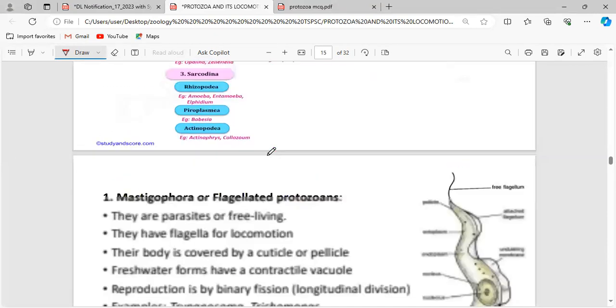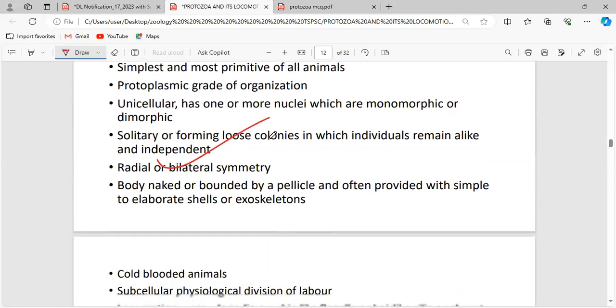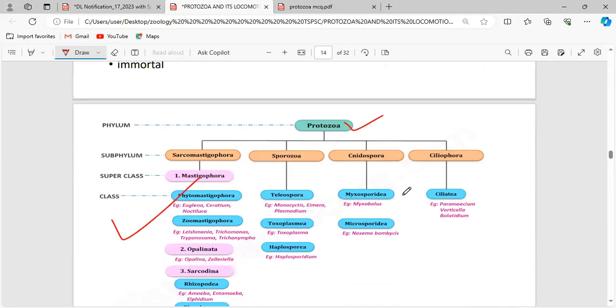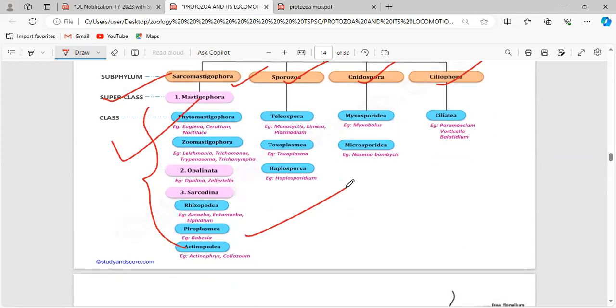This is the classification, this is the characteristics. This is the general characters, this is the classification. You have to read these general characters and classification for all the phyla, and after reading that you have to read what are all the subphyla and what are all the class and superclass and what are all the class. We stop up to this. We also have family, order, genus, species, but all that is not necessary; up to the class level we have to read all the classification.